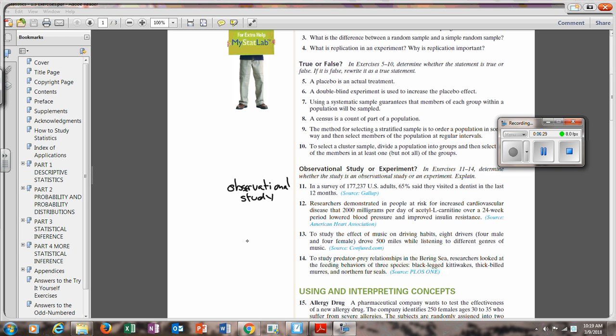However, most of you don't listen to different genres of music. It would be like me asking AJ to listen to country music and see how he drives. So this is most likely an experiment, because we're changing the music and they're driving for 500 miles, listening to different types of music as they go.